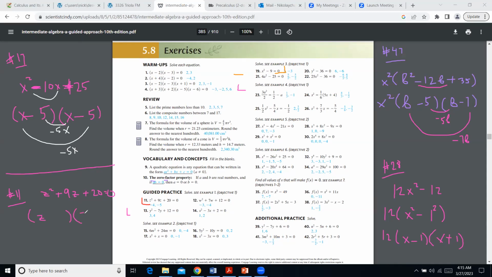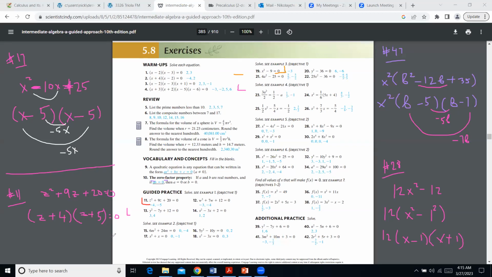So z squared, a factor was z multiplied by z. So that's our favorite start. Now the signs inside of the parentheses will be both positives. So I can factor number 20 as 4 multiplied by 5.